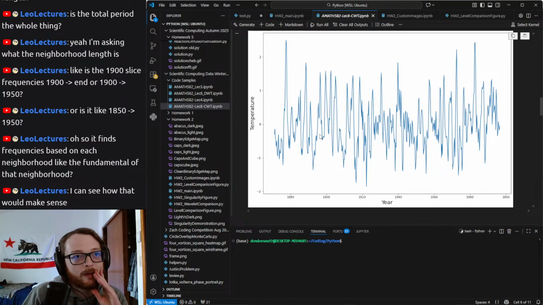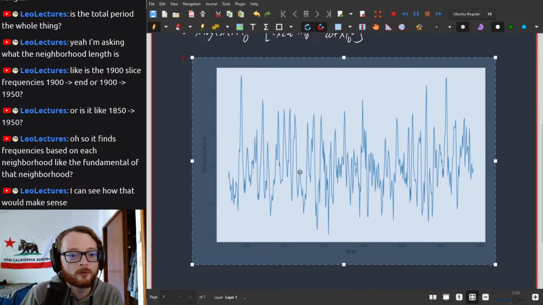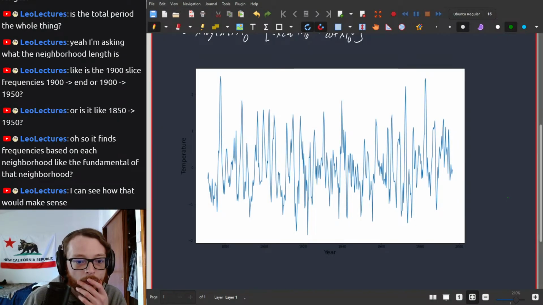Yeah, I believe so, because I think what is basically happening if you use Haar wavelets. That's interesting. The background doesn't come along.